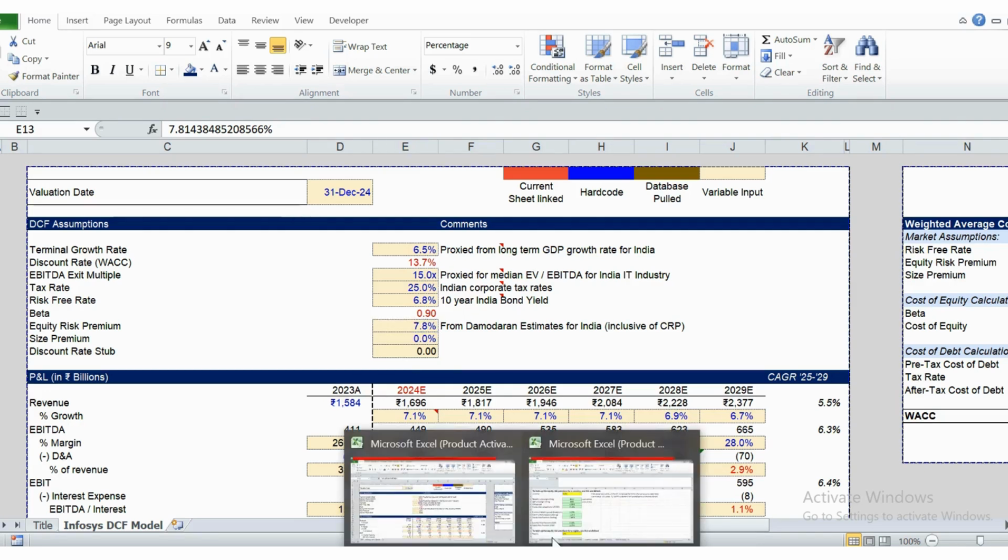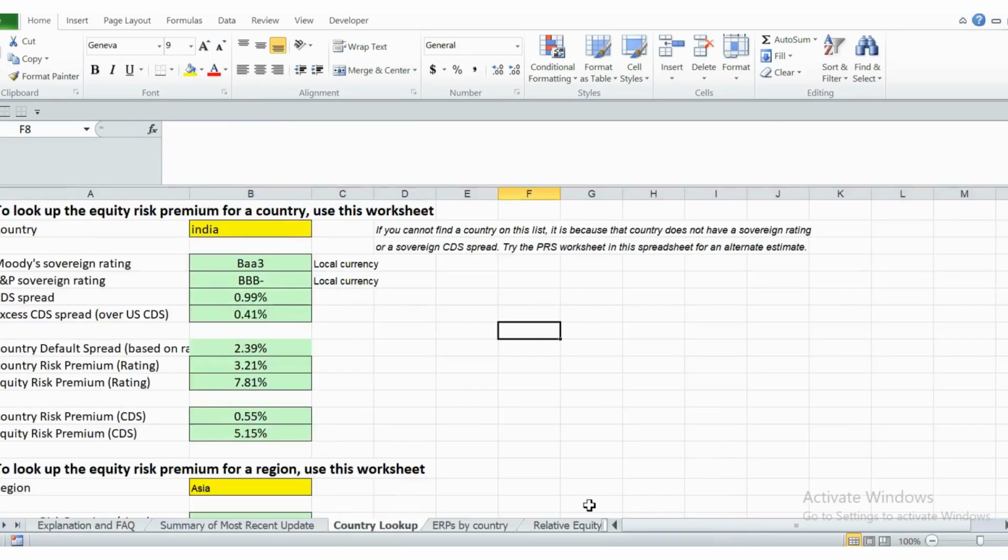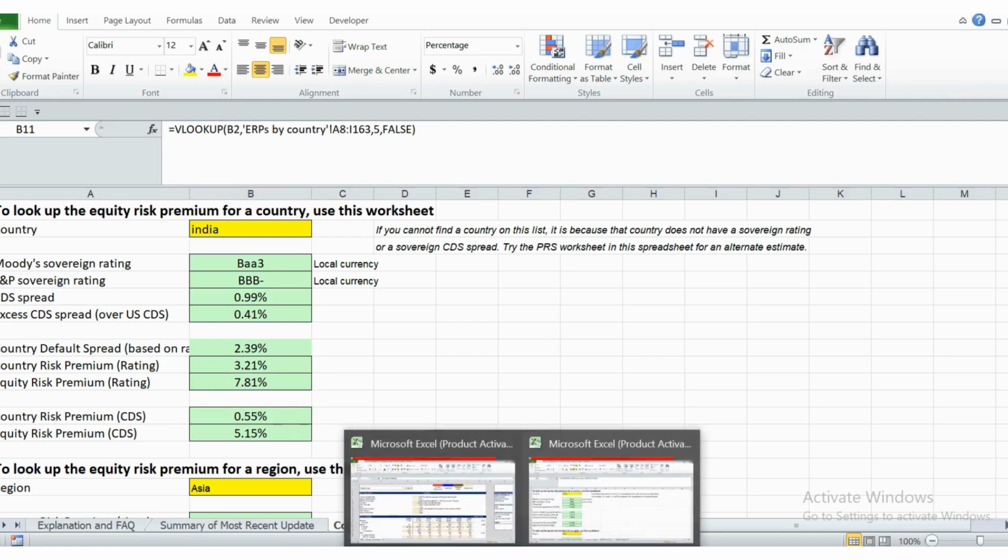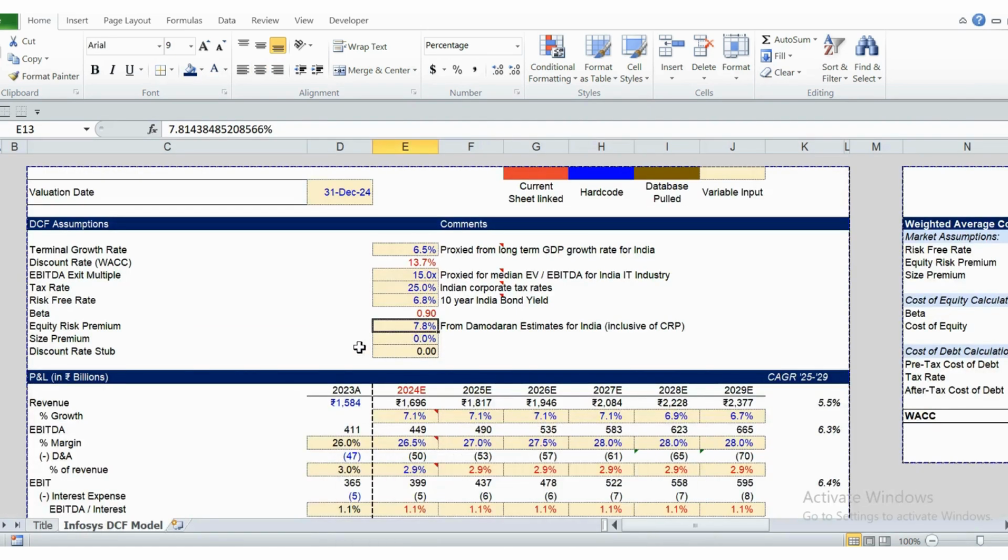You can web search Damodaran ERP and you will be directed to an Excel sheet where he updates the risk premiums for each country, I guess quarterly or semi-annually. For India, I have this rating at somewhere around 7.1% to 7.8%, so I have taken this and rounded it off to 7.8%.